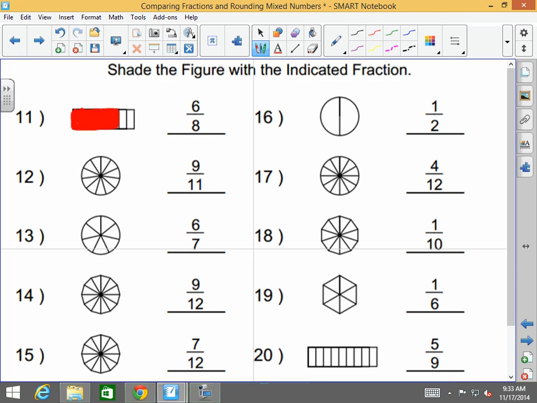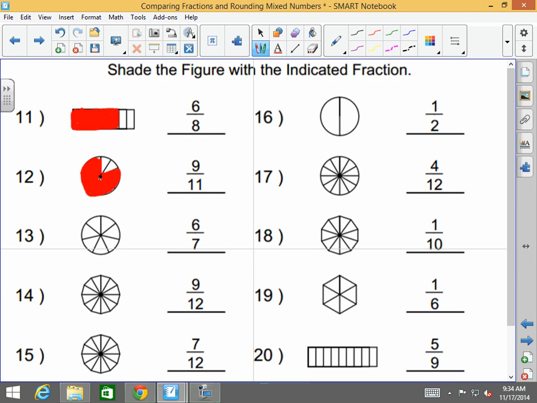Number 12, 9 out of 11. So I'm going to shade 1, 2, 3, 4, 5, 6, 7, 8, 9. Okay? So all 9 of these will be shaded out of the total 11 pieces, which create one whole pie.